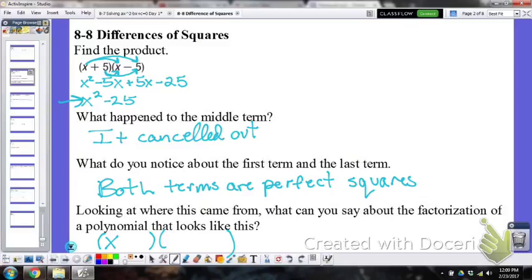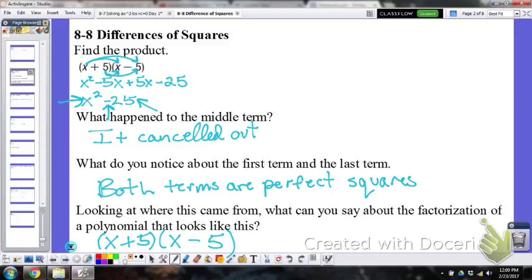So these first two terms are going to be x and x. And since we have a negative here, I know one's positive, one's negative. Then I look at the last term, 25. It's going to be the square root of that as well, so 5 and 5. Also, I need to find the factors of negative 25 that add up to 0. Well, that's plus 5 and negative 5.